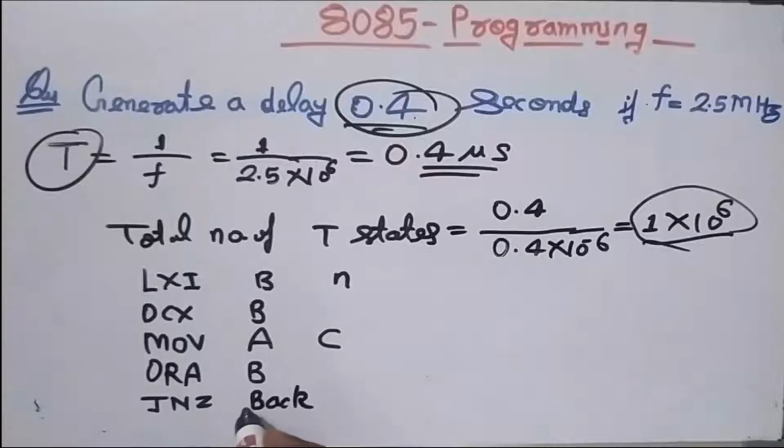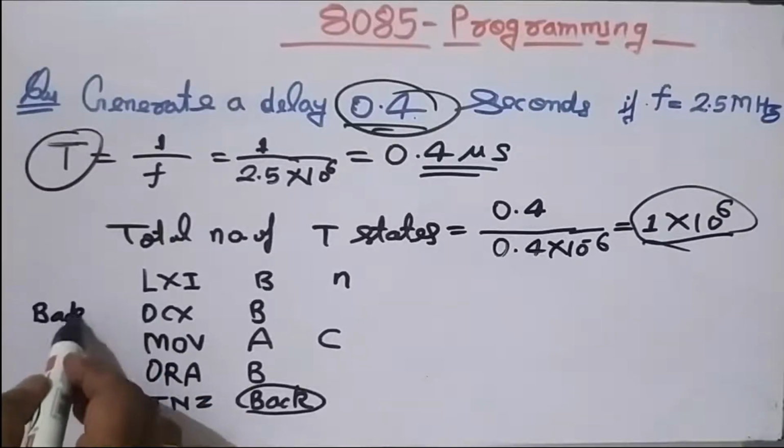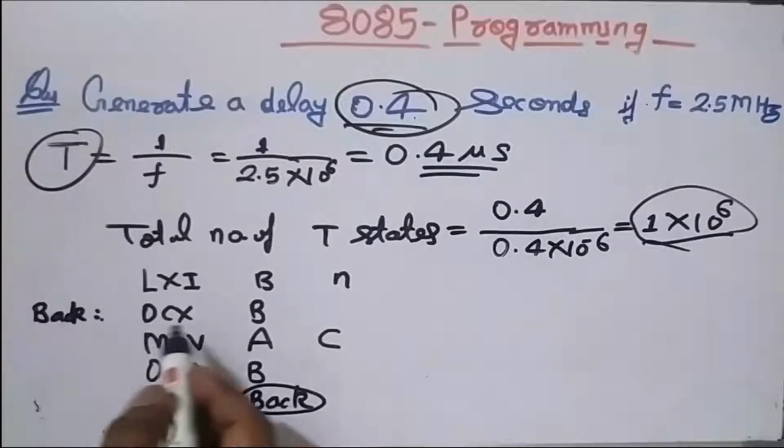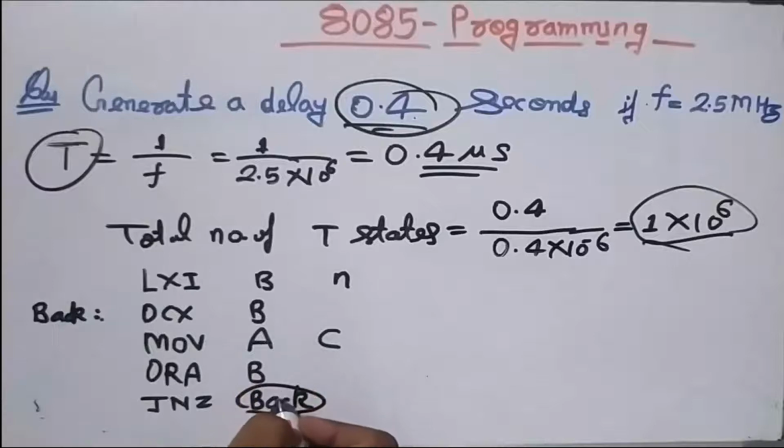This instruction will check continuously the contents of the accumulator. If the contents of the accumulator are not equal to 0, then and only then will this instruction jump to this address. Back should be here, so that after the jump the decrementation process continues. This process will continue until the data of A is equal to 0.